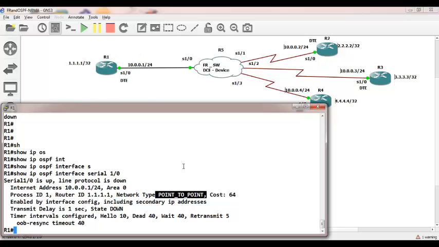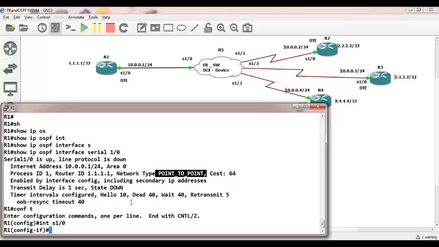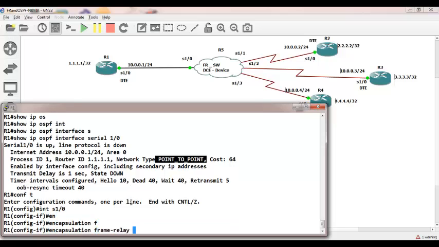It doesn't know. So when I go to interface serial 1/0 and say encapsulation frame relay. Now, if I am going to encapsulate with frame relay, what is the default one? I'm trying to make it frame relay now. But what is the earlier one? What makes this called point-to-point is the encapsulation type. The default encapsulation is HDLC.